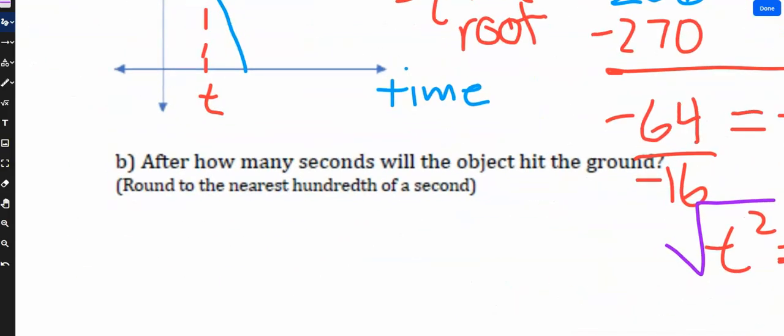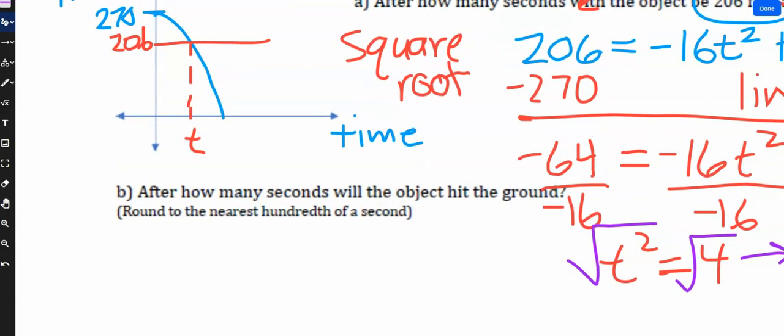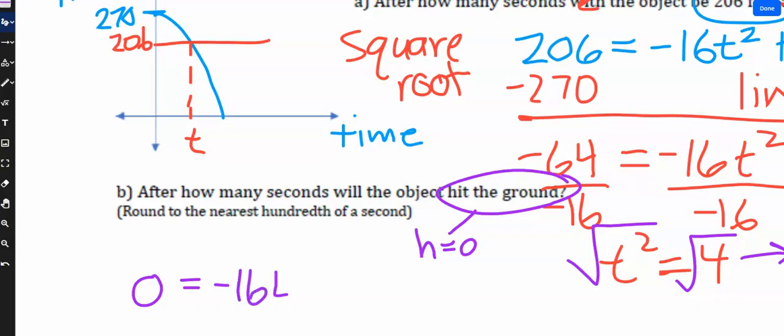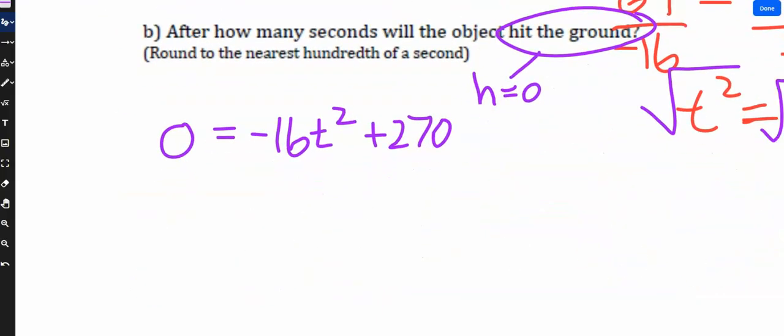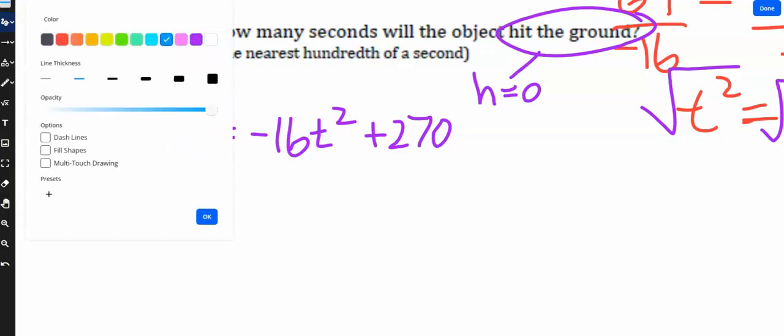Now, the next thing it says is, after how many seconds will it hit the ground? Well, what are you going to use for the height of the ground? I'm hoping you're going to use the height of 0. Now, before you go subtracting 270 to the other side, which is a perfectly good method of doing this, I got another idea.